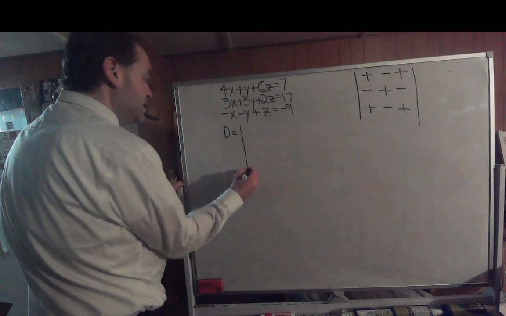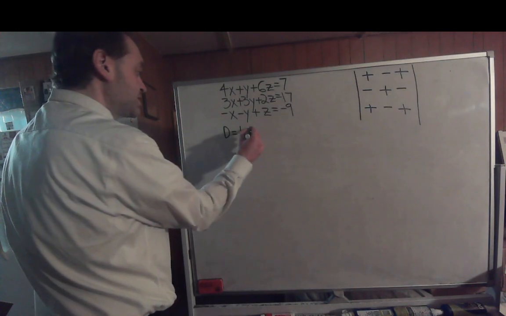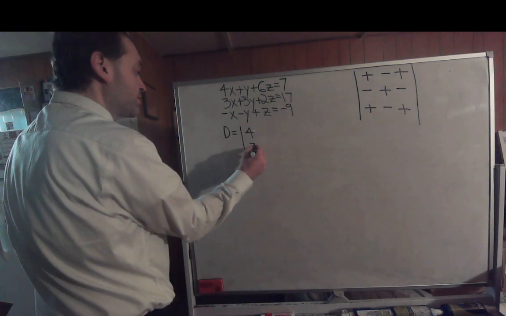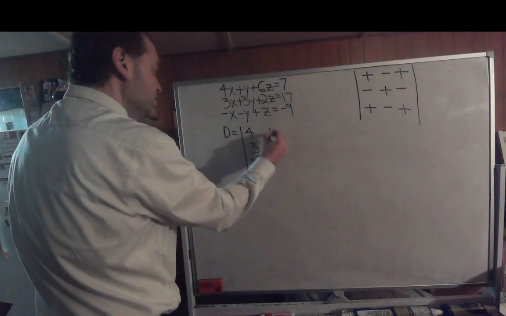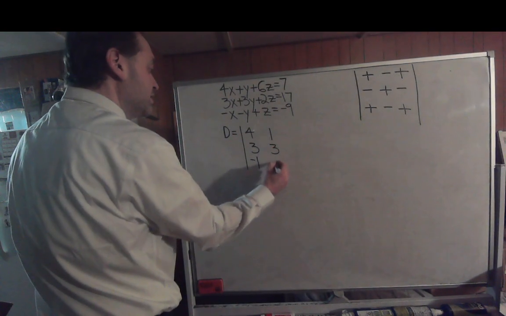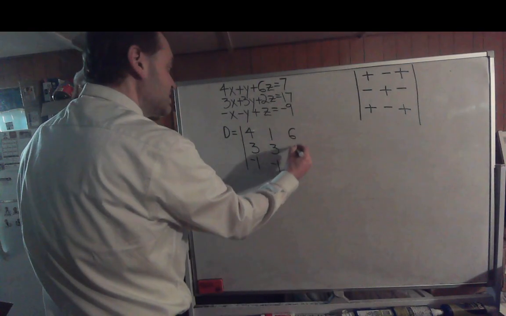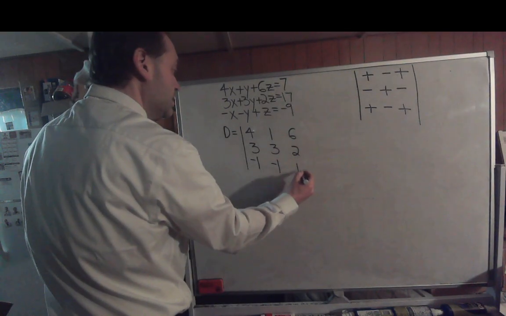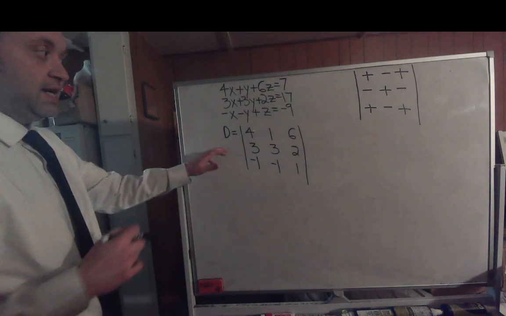So you're going to leave all your coefficients alone. Take your x coefficients, your 4, your 3, your negative 1. Then your y coefficients, the 1, the 3, the negative 1. And then your z coefficients, the 6, the 2, and the 1. Then you'll find the determinant of that to find your D.